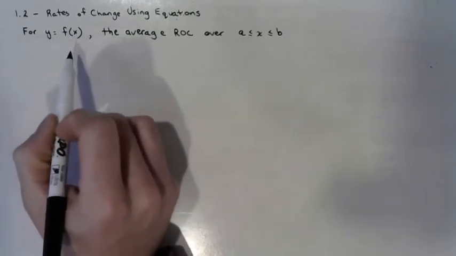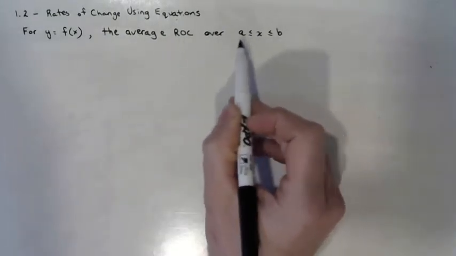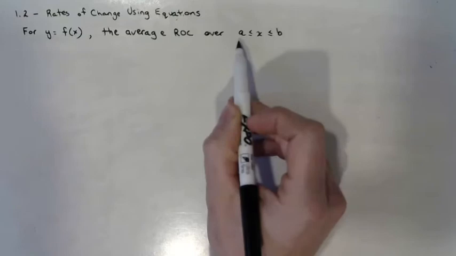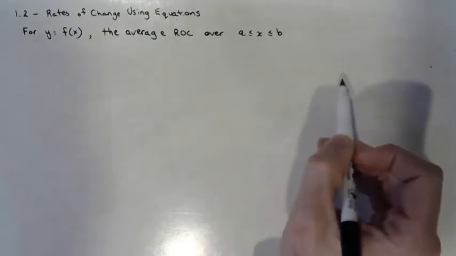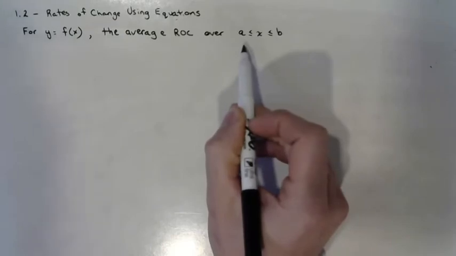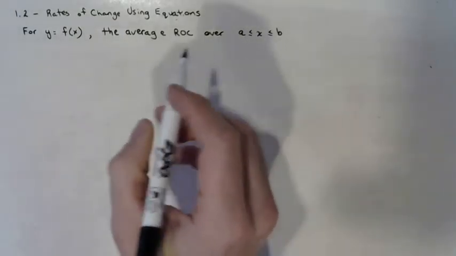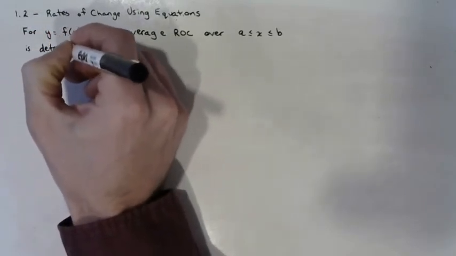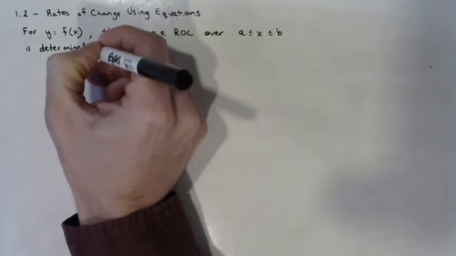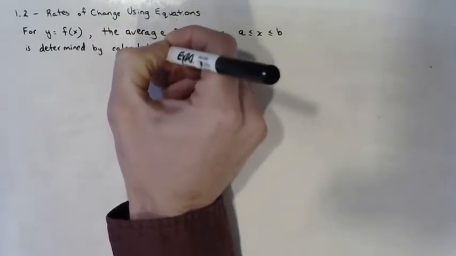If we have the equation, the average rate of change over any given interval, so from x value of a up to an x value of b, reading left to right on your coordinate plane, the average rate of change over the interval from a to b is determined by calculating what?